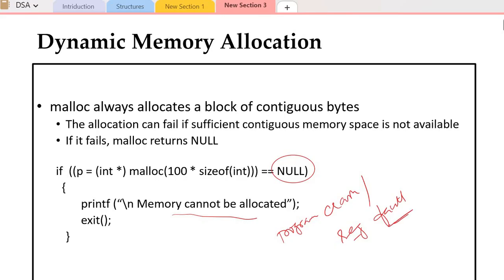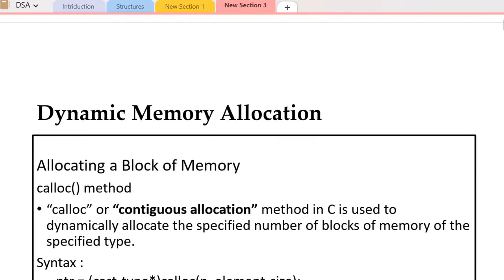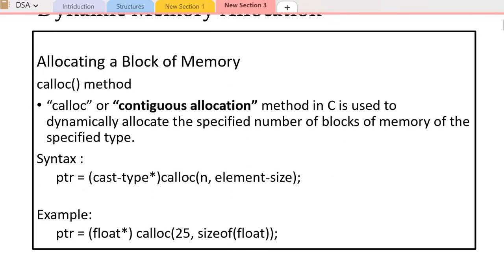Next we look into the calloc method. calloc is a contiguous allocation method used to dynamically allocate the specified number of blocks of memory of the specified type.